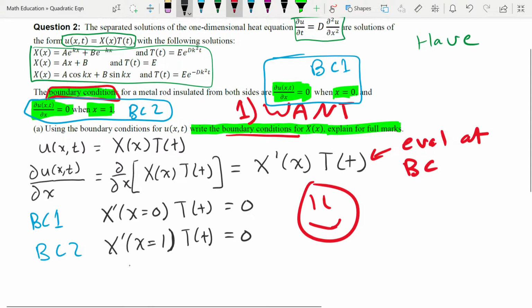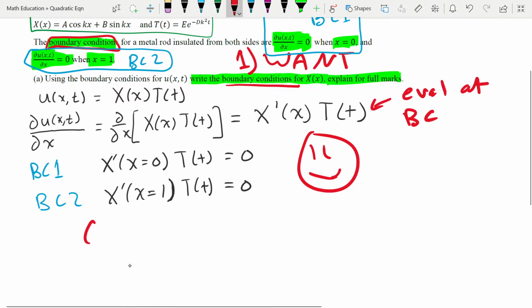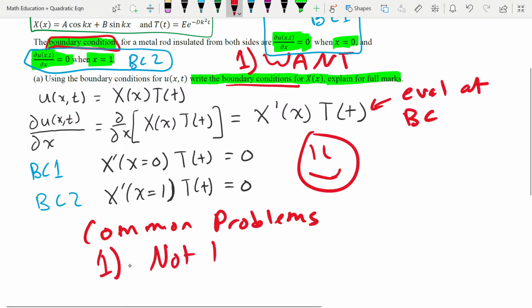Now, common problems. The first one is not taking the derivative.